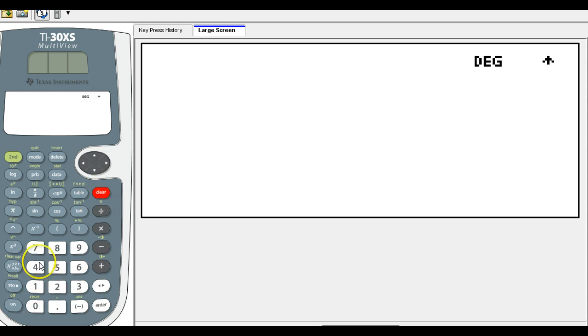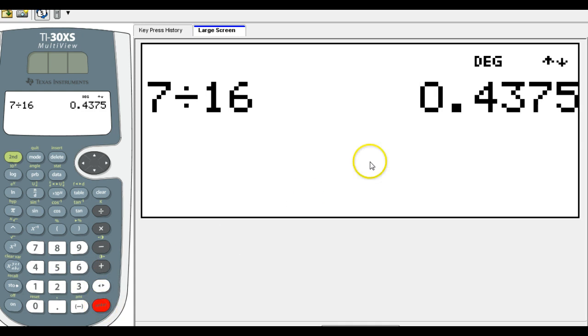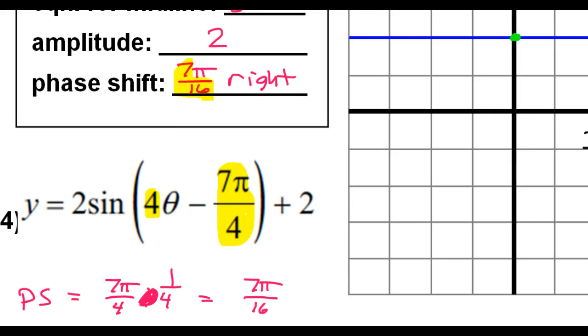So using the calculator, 7 divided by 16. Alright, so that's 0.4, rounded to the nearest tenth, approximately 0.4. That makes this phase shift approximately 0.4 pi. So that's a little bit less than 0.5 pi, which is pi over 2. So it's a little bit less than half of a pi.